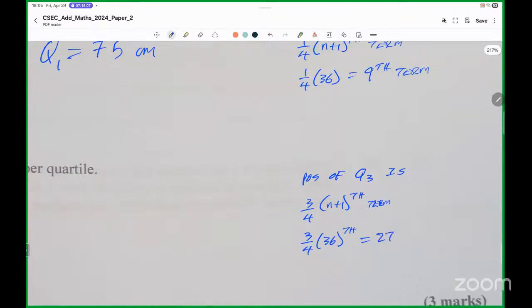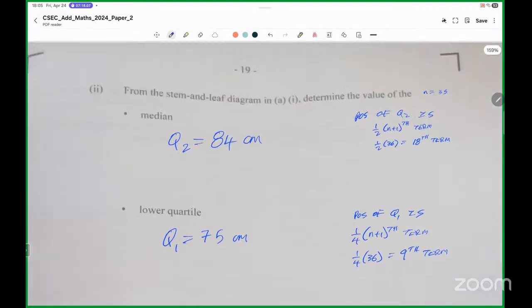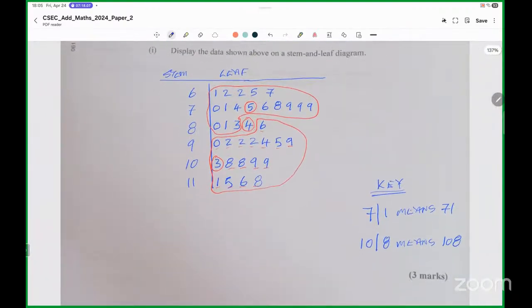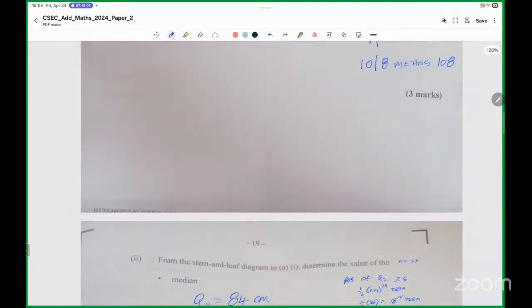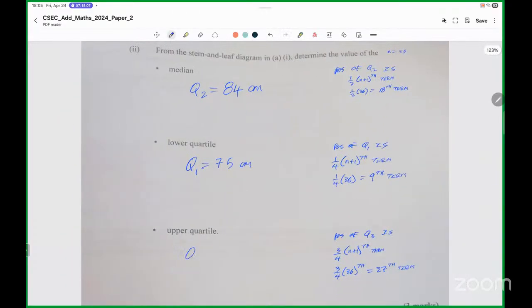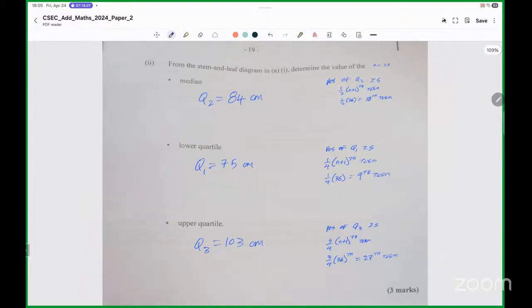So the 27th term, and it's going to be this value: 27, 28, 29, 30, 31, 32, 33, 34, 35. That's 103. So Q3 is 103 centimeters.